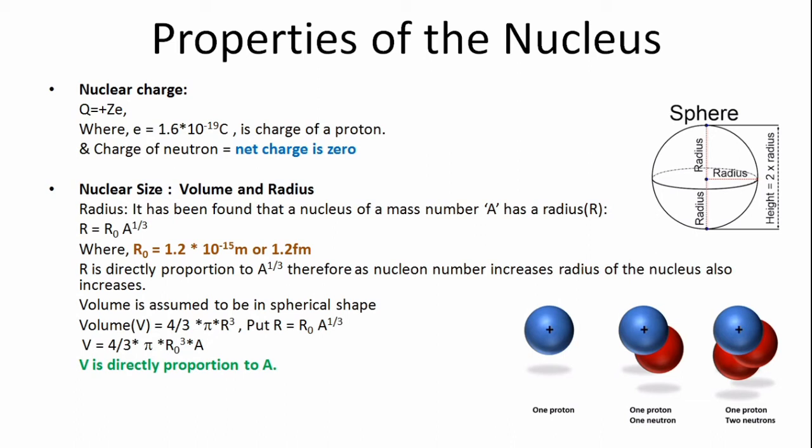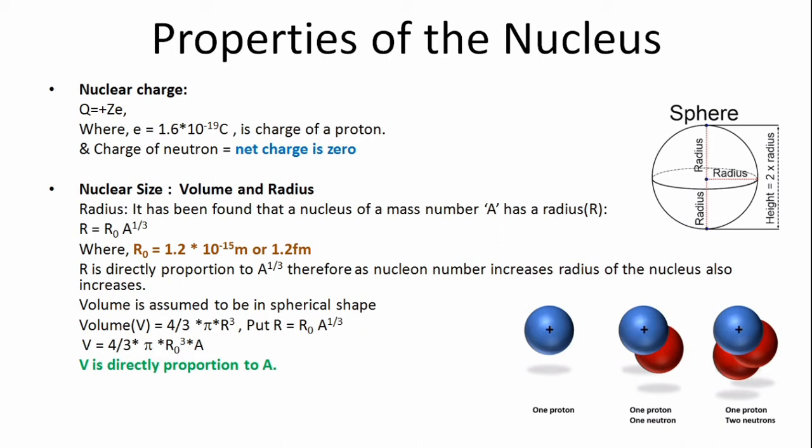Now for the volume of a sphere, we have an expression that is 4 by 3 pi r cube, and we also know from the radius expression that r is equal to r naught into A power 1 by 3. Now let us substitute that r value in the volume expression.